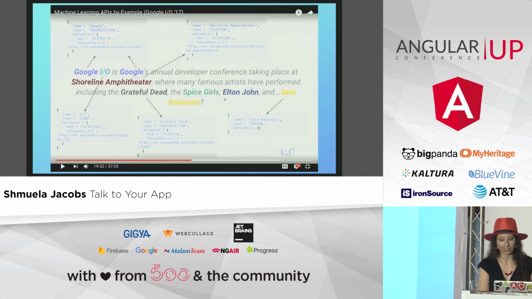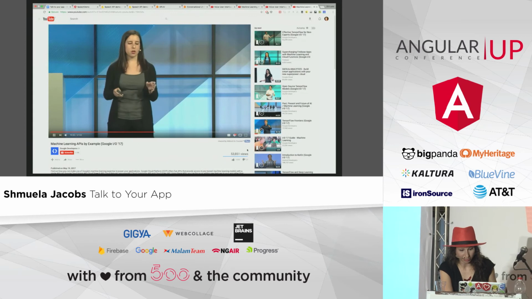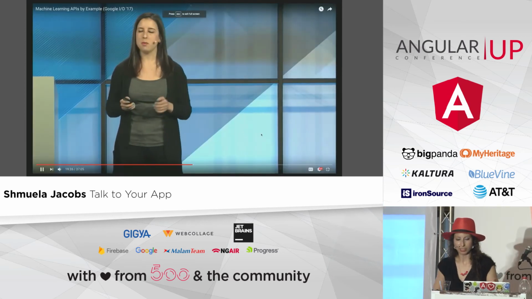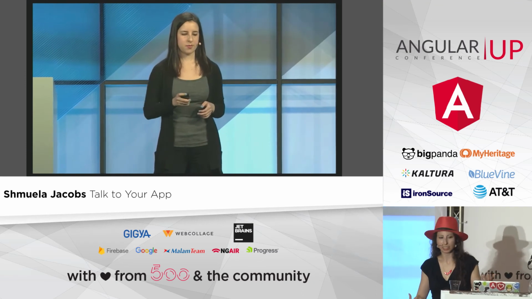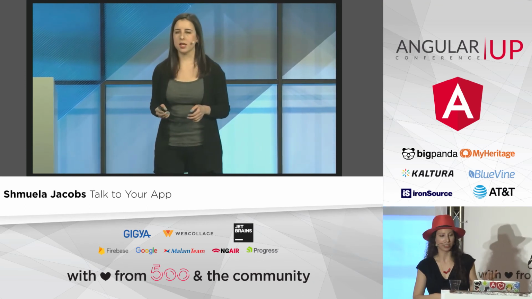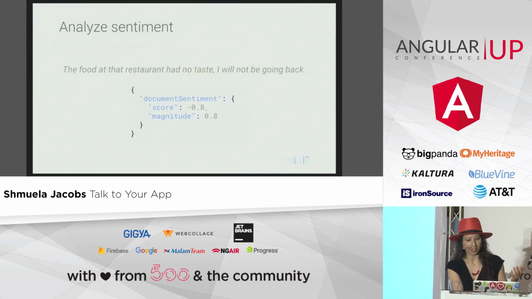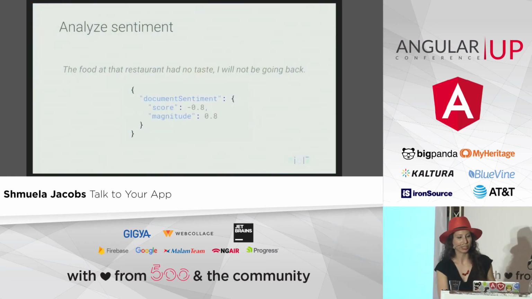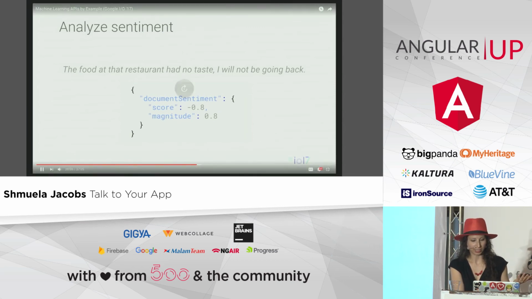So this is the talk by Sarah Robinson that is explaining how the sentence is analyzed in different ways in the Google text analysis API. She's showing there's a sentiment analysis, and let's go a little bit further.